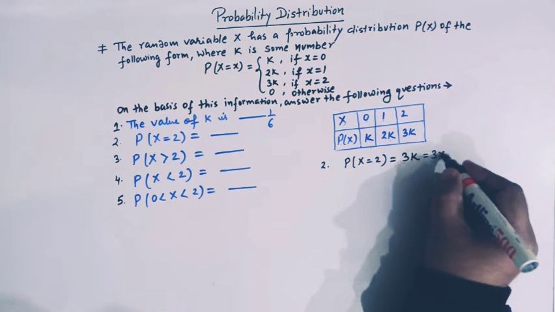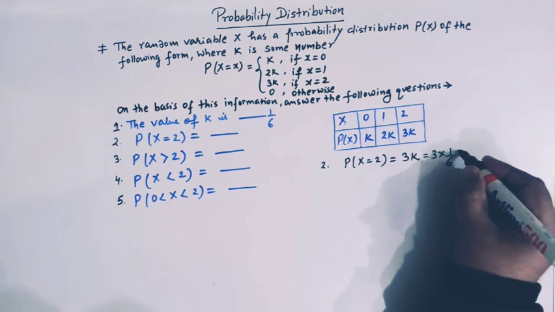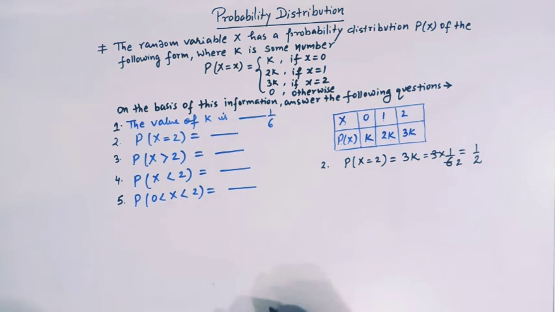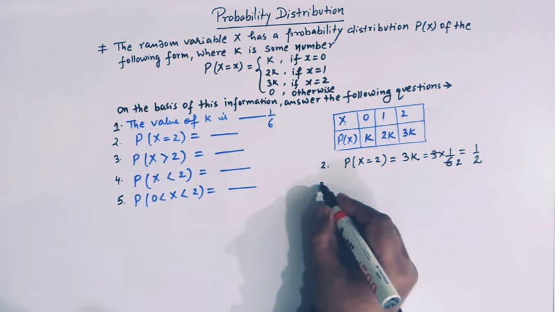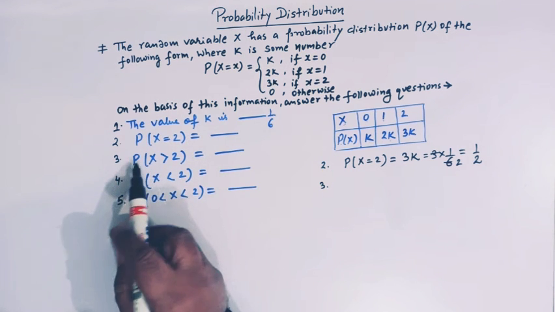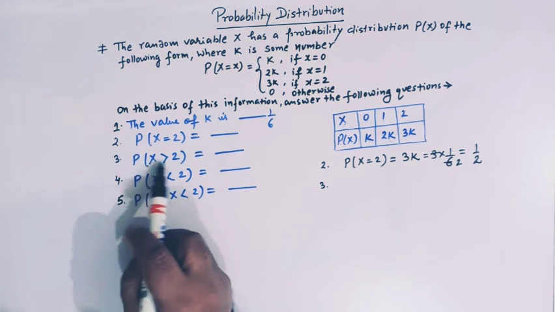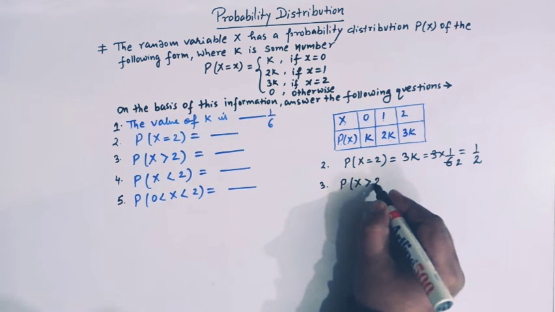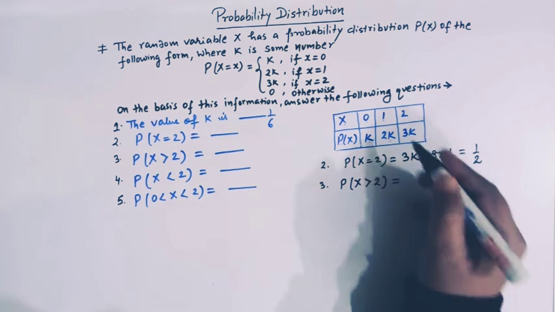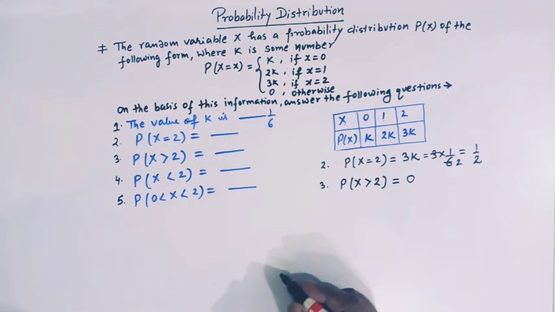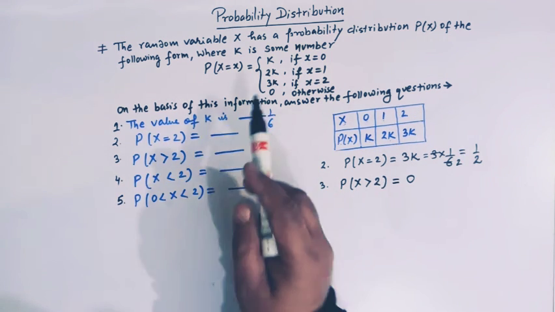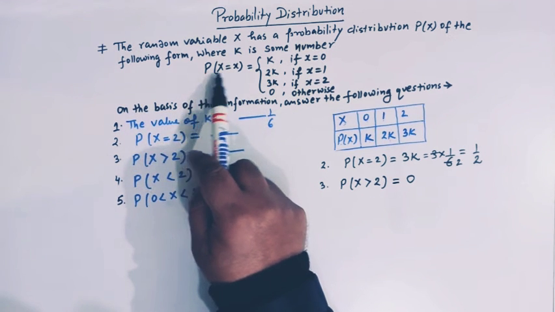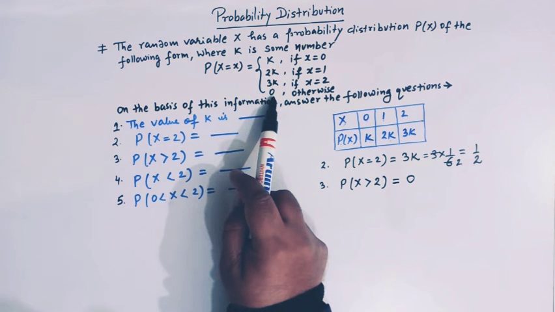So if we substitute it here, we get 1 by 2, right? Similarly, the value of p when x is greater than 2, we can write directly as 0, right?